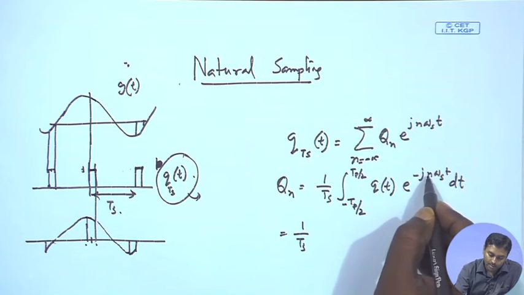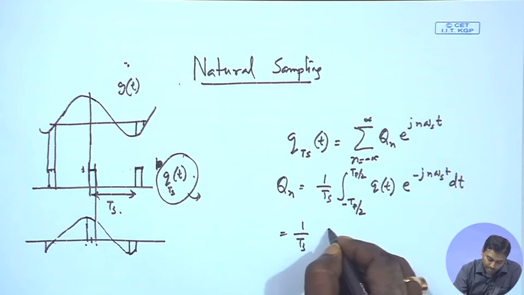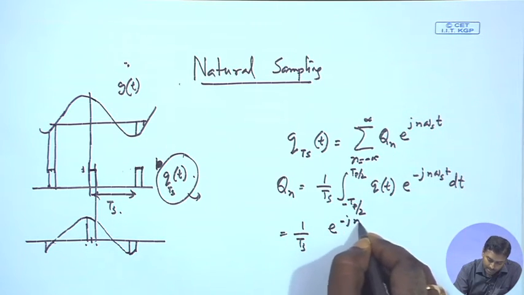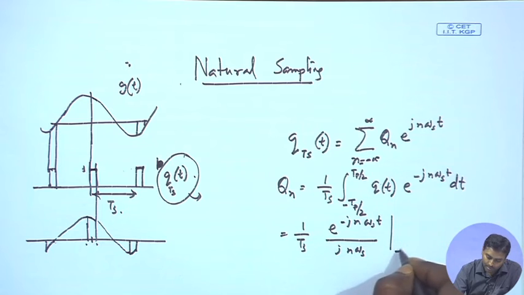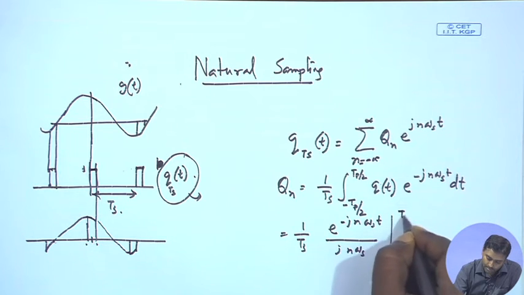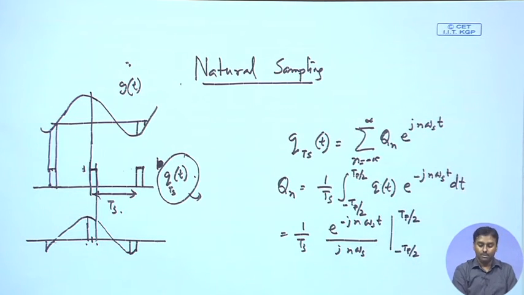So, it is just e to the power this, you integrate it. So, you will be getting e to the power minus j n omega_s t divided by j n omega_s, and then putting minus T_p by 2 to plus T_p by 2. Okay. So, that is what we are getting.